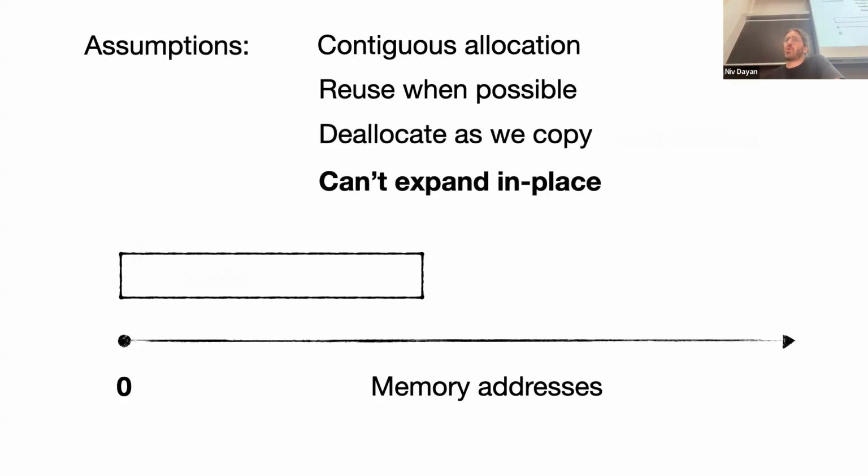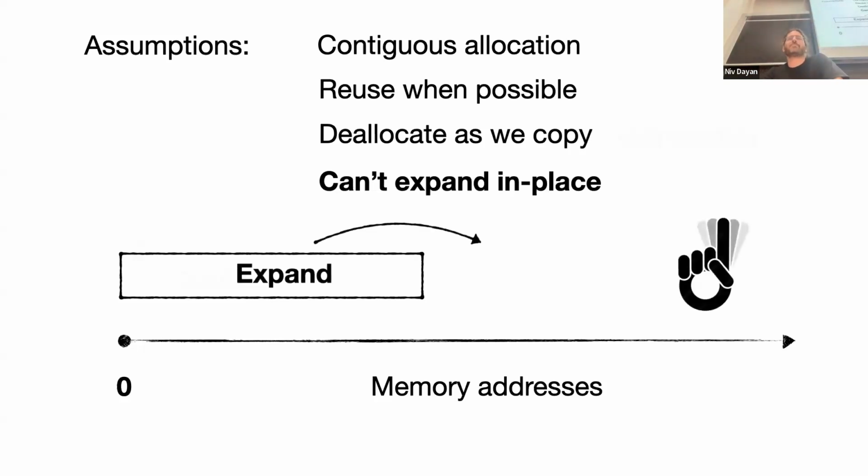And also, to your point, we're going to assume that we can't expand in place, because in a general situation, something could have been allocated right afterwards. So, okay, here are our assumptions. We'll use these assumptions for the rest of at least this first 1 hour lecture.